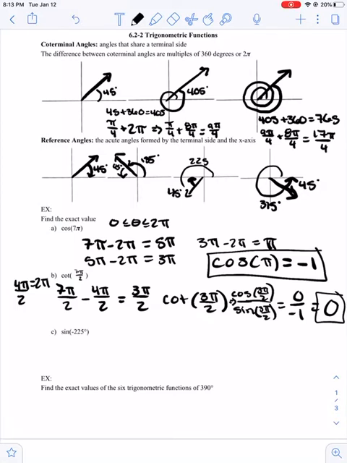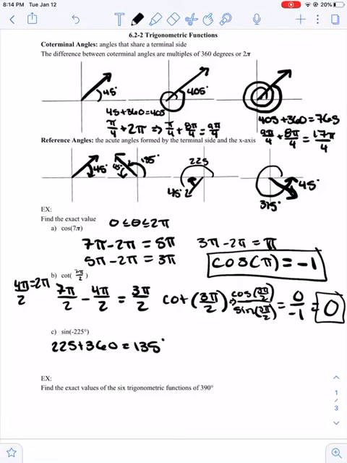All right, next we have the sine of -225 degrees. This is less than 0. Negative is less than 0, so we need to now add 360 so we can get into that range of between 0 and 2 pi. So 225 plus 360, and that gives us 135 degrees. And that's between 0 and 2 pi.